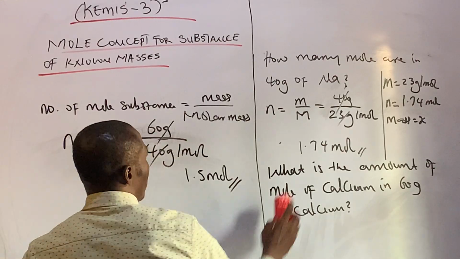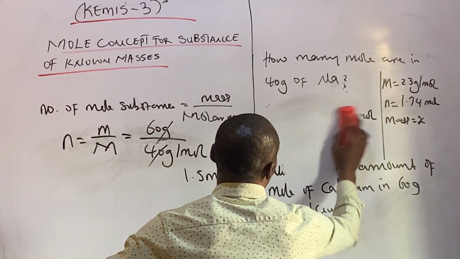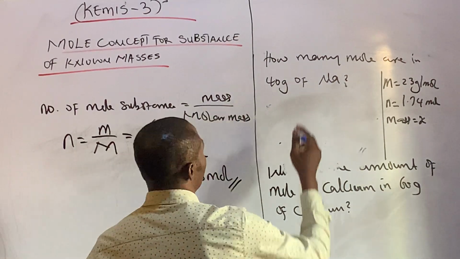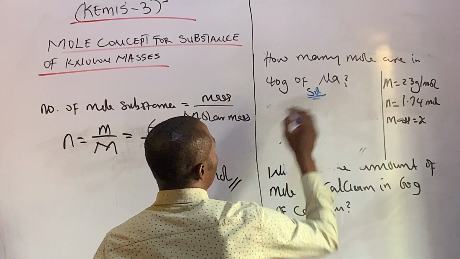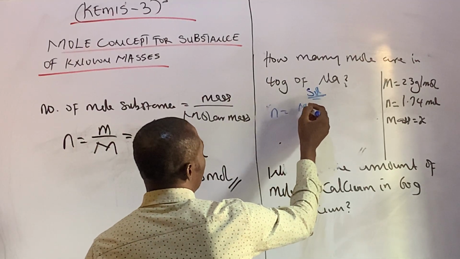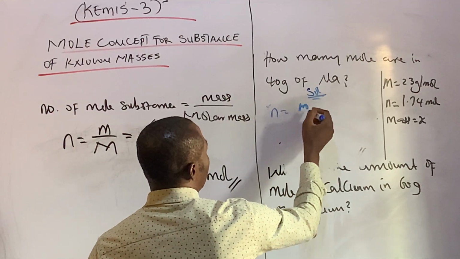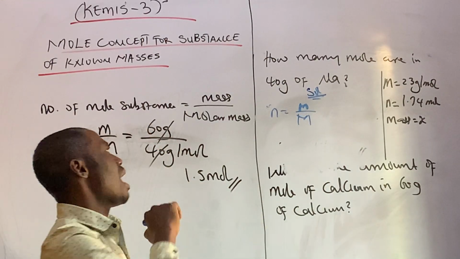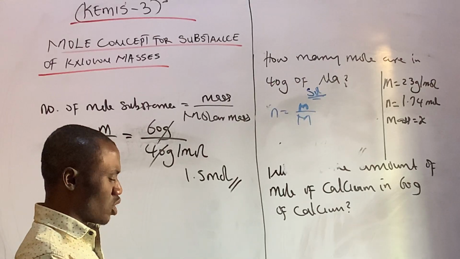Now let me clean up the board so that we can solve the problem. The solution will become: number of mole is equal to the mass of the substance divided by the molar mass. Now, what am I looking for? I'm looking for the mass, so I'm going to make it the subject of the formula.